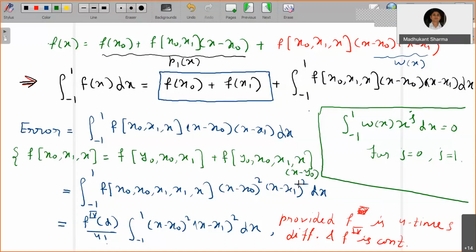You can choose y naught as x naught itself. That is one step.